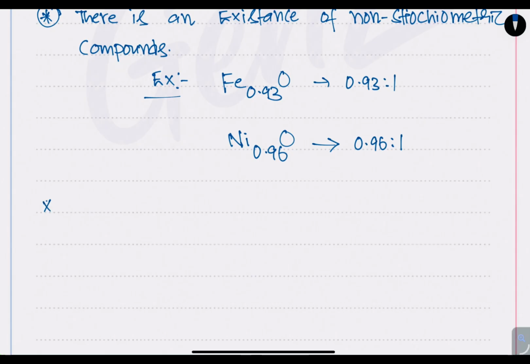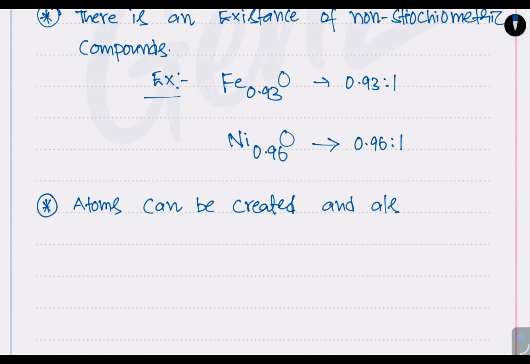Another postulate given by Dalton is that atoms can neither be created nor be destroyed. But atoms can be created and also destroyed by using artificial radioactivity.